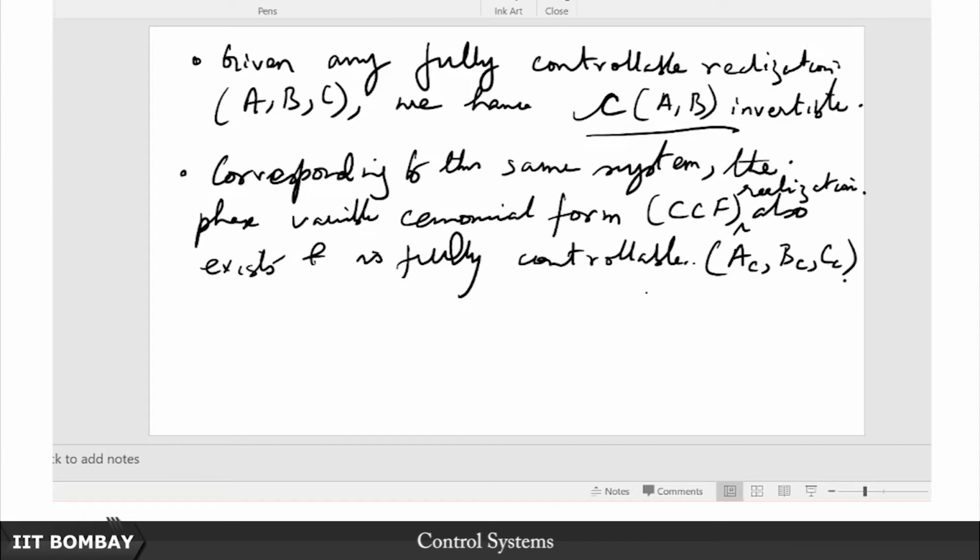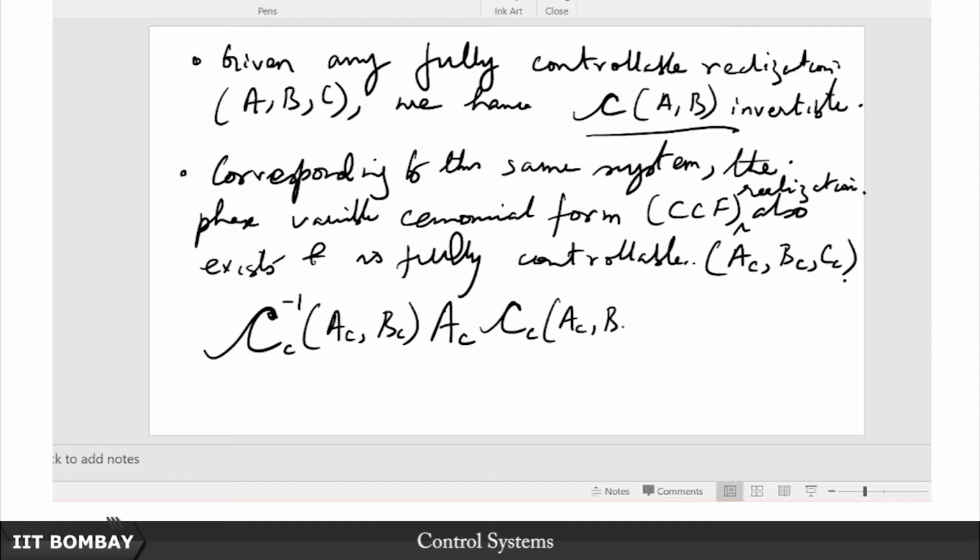So now we know that in the controller canonical form we have this controllability matrix, CC of AC, BC times AC, so of course this inverse, and CC of AC, BC. This should always be equal to this original controllability matrix inverse times A times AB.